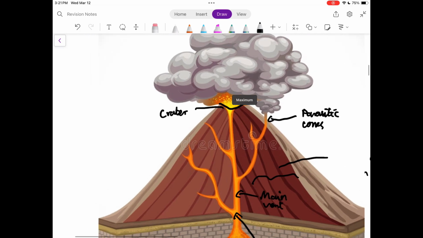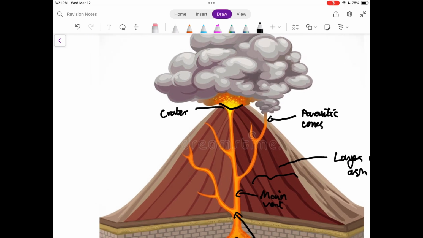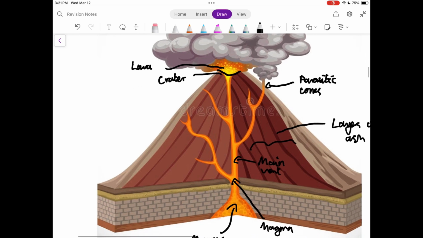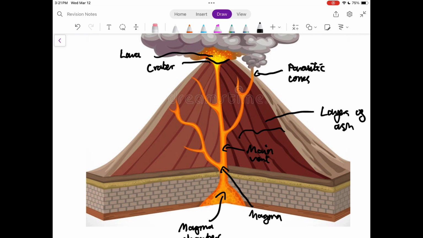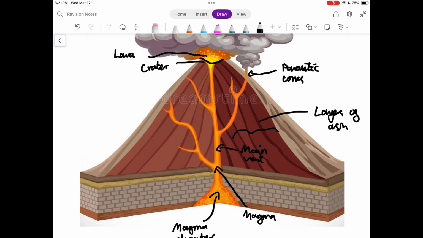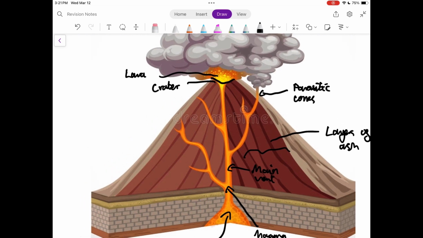And you also need to know that when magma exits the volcano, it's now referred to as lava. So it's important not to get these two mixed up. So magma is when you're referring to when it's inside the volcano, and lava is when it's outside the volcano. So yeah.